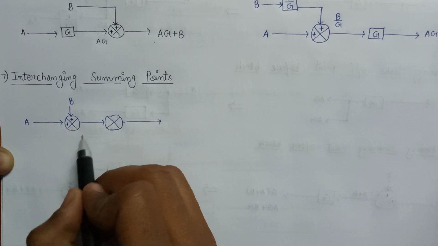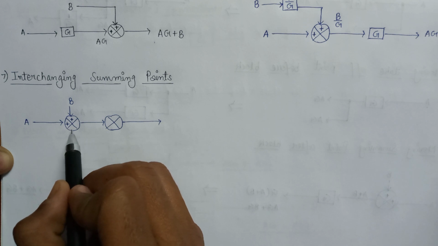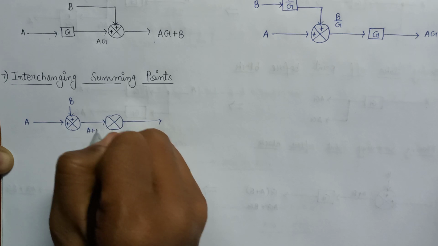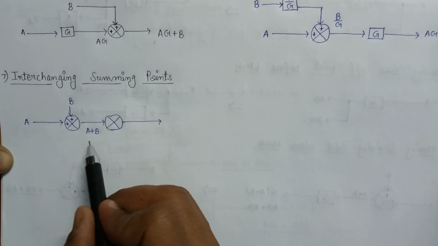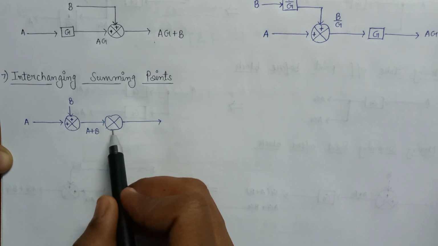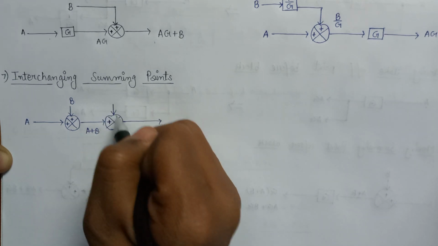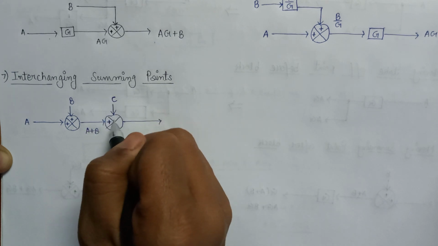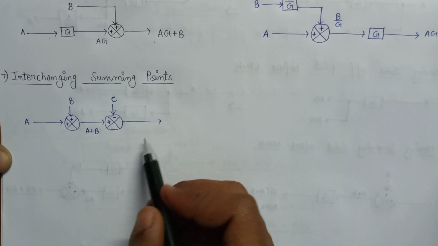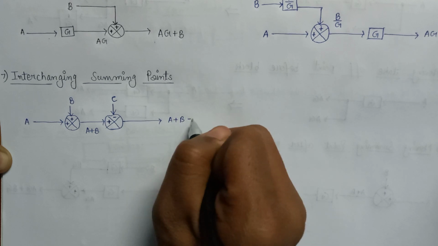Now what will be the output of this first summing point? The output will be nothing but the addition of both signals, that is A plus B. Now this A plus B is applied as an input to this summing point with positive polarity, and another input, that is C, is also applied with negative polarity. So what will be the overall output? The overall output will become A plus B minus C.